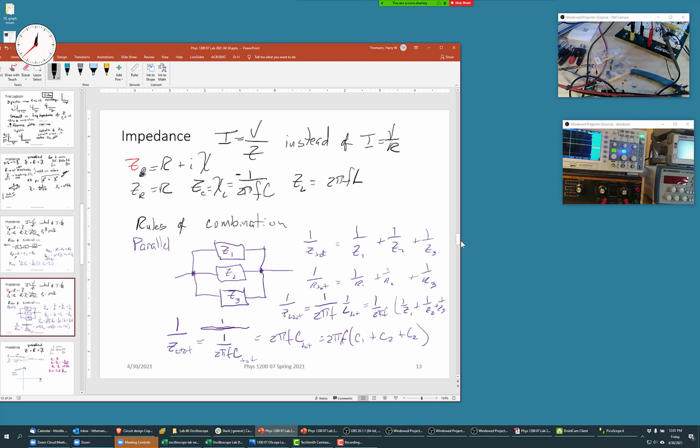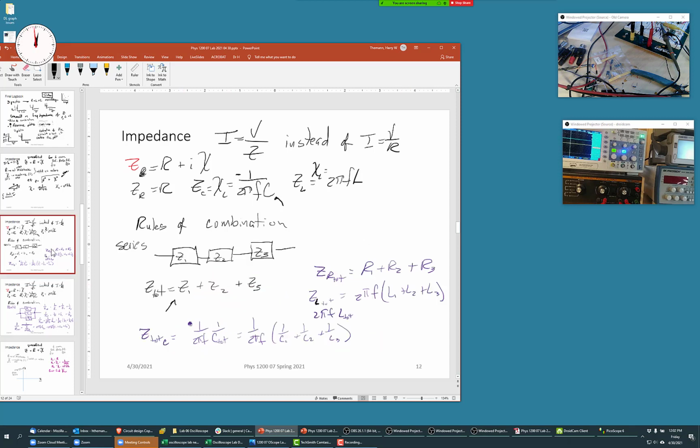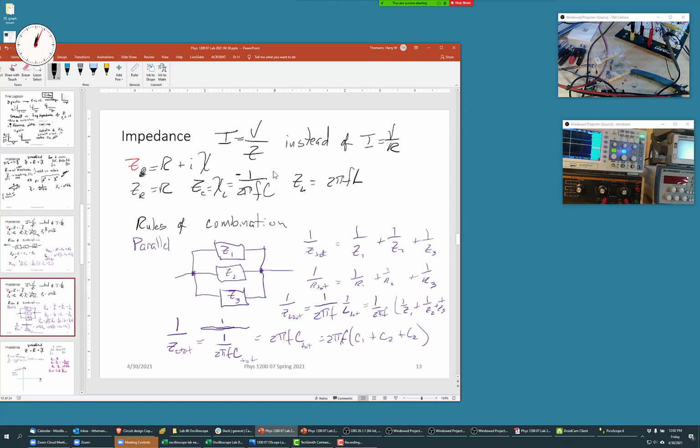And once again, the fun part is when we get down to capacitors, and we end up with the rule of just adding them together instead of using the inverses. Now, in this slide, notice the only part that's different than the previous slide is the stuff below rules of combination. This is all the same up here.